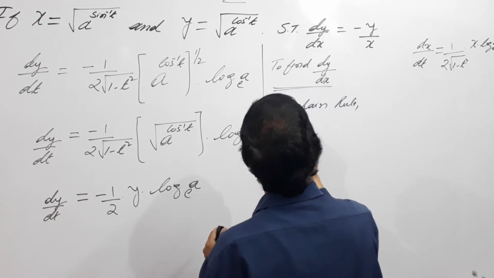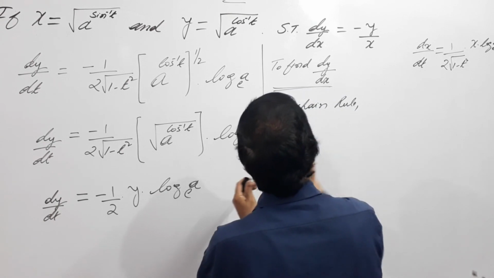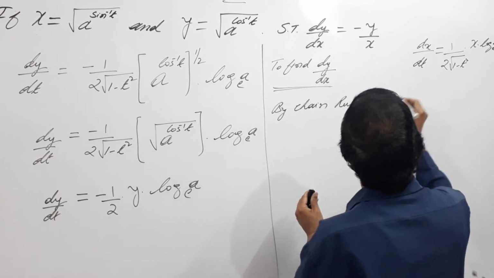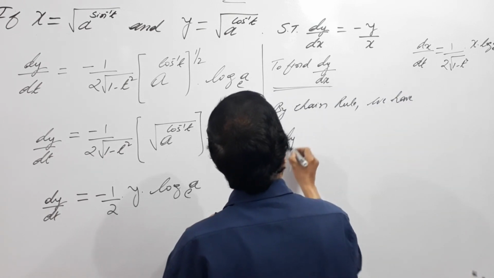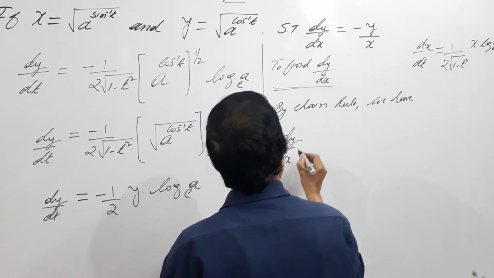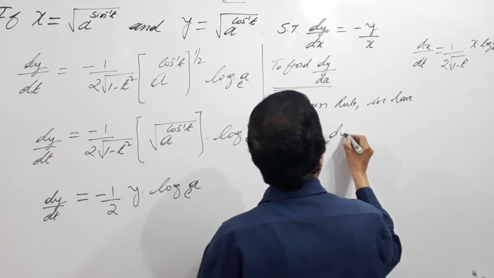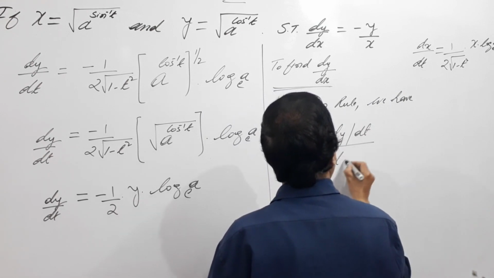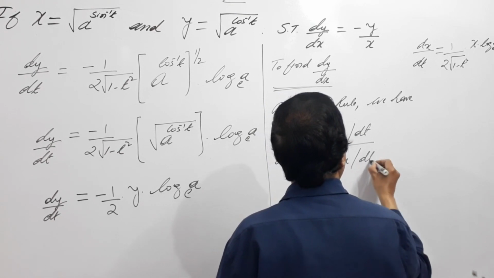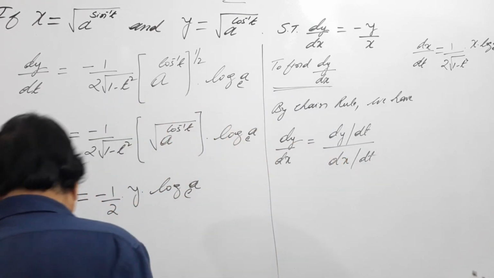We have dy by dx equals to dy by dt divided by dx by dt.